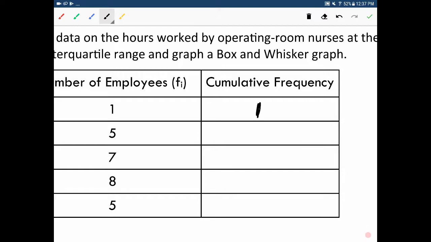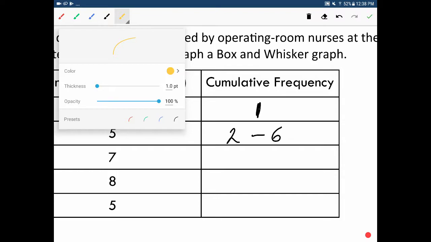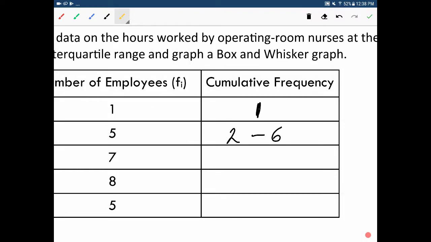Now person number 2, and remember what I'm writing here is kind of like the label of the person. So it's person 2 through person 6. So to get this one here, you're just going to take whatever the last number here was and add 1.